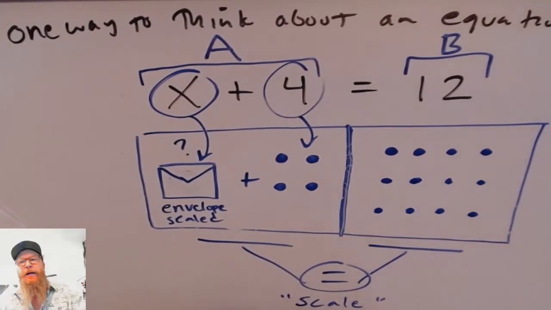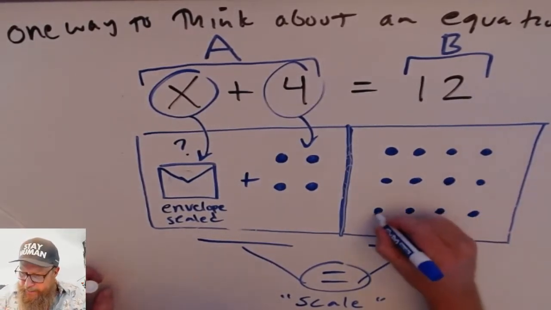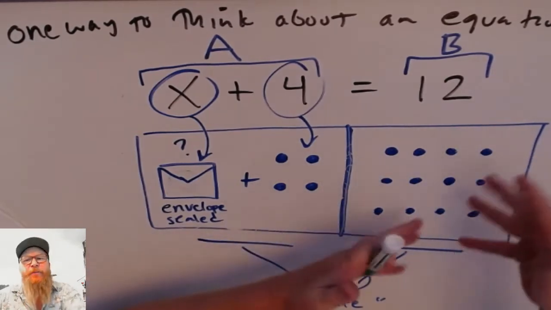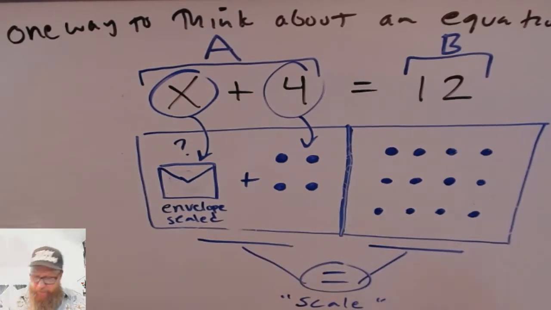Again, tokens, objects, you can think of them as coins. Although if they are coins, they all have to be the same coin. So they're all pennies, or they're all nickels, but pennies are probably the best thing to think about.